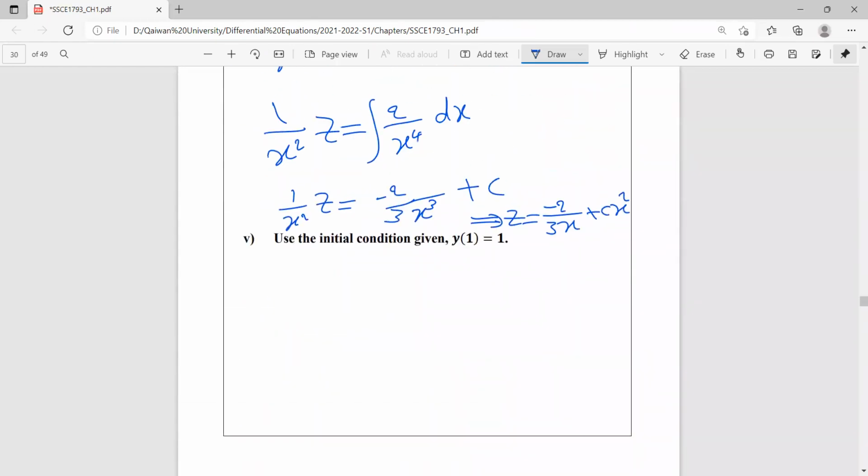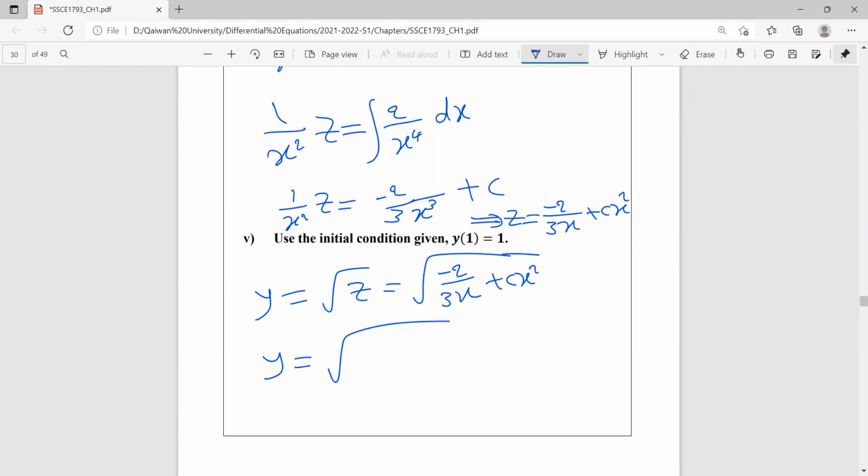That means y equals the square root of z, which is the square root of minus 2 over 3x plus cx squared.